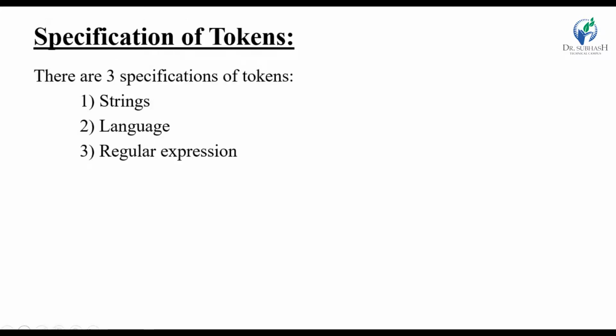Next is specification of tokens. Regular expressions are an important notation for specifying any lexeme or patterns. So first, what is a regular expression? The language accepted by finite automata can be easily described by a simple expression called a regular expression.